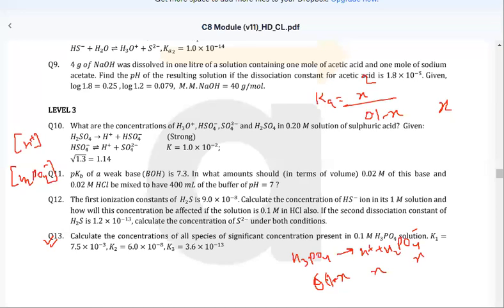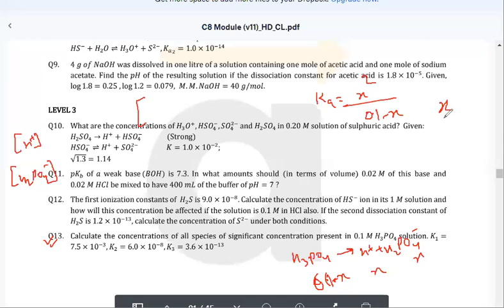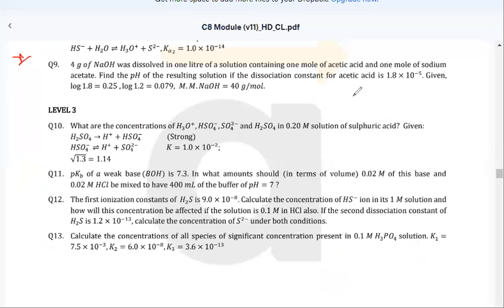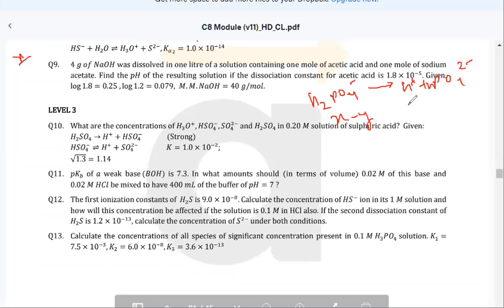The concentration of H plus and concentration of H2PO4 minus can be calculated after finding the value of X. Now, after you find the value of X, the second equation is H2PO4 minus gives H plus plus HPO4 2 minus. Now, this is X minus Y, and this is X only, because Y will be very less than this. And this is Y. X we know already.